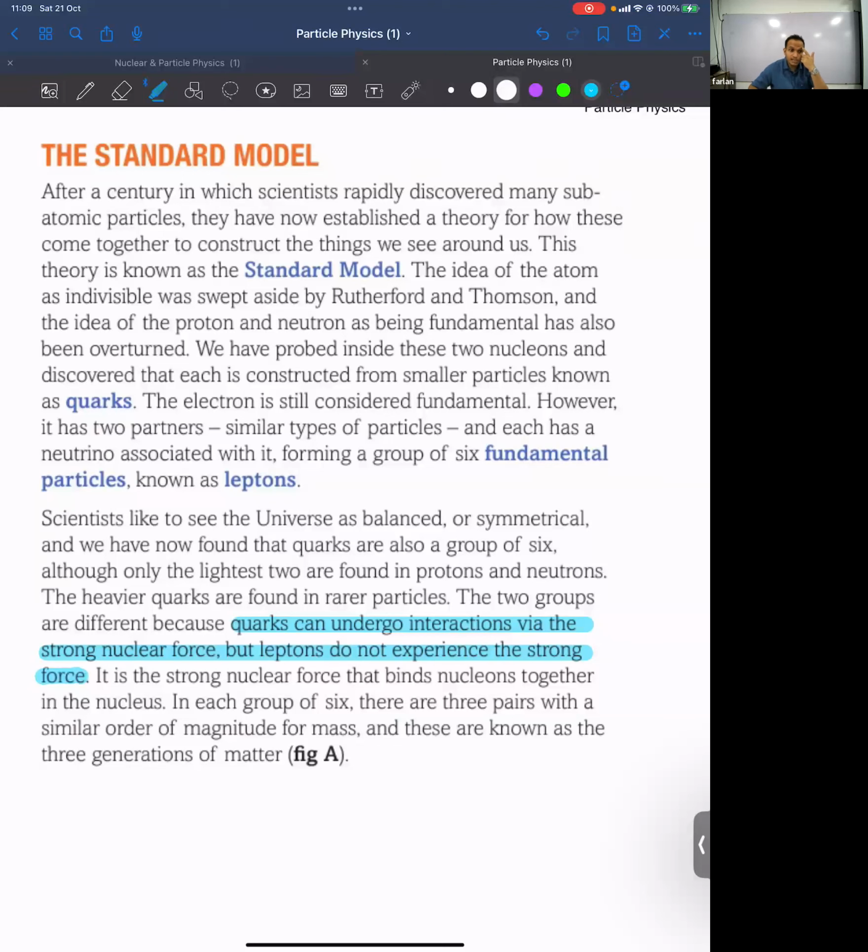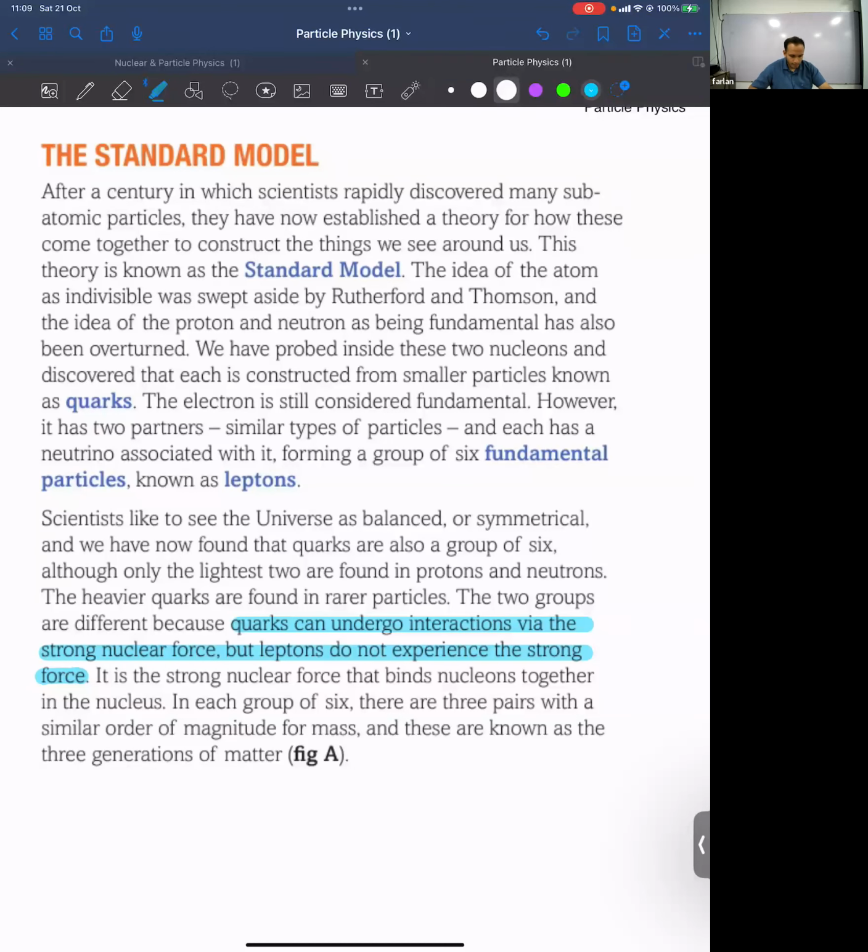The strong force is a type of force. It is the strong nuclear force that binds nucleons together in the nucleus.